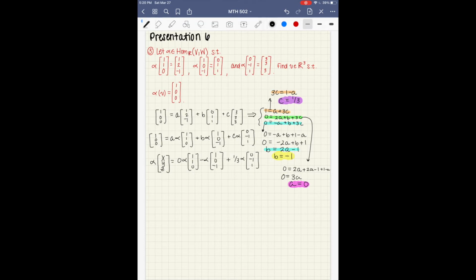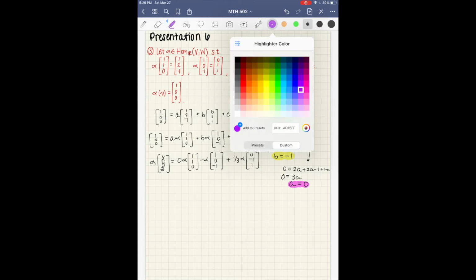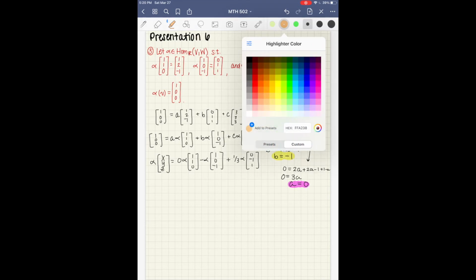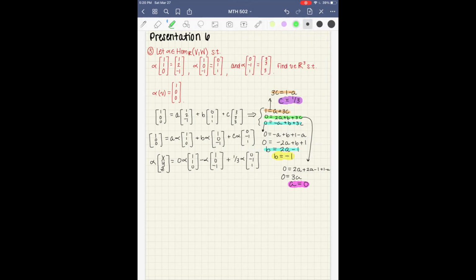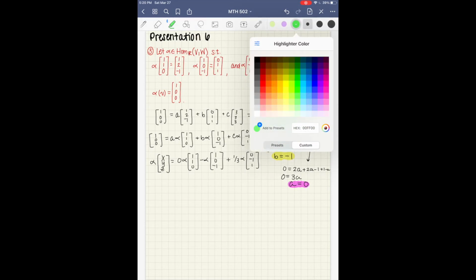So now that I have this, I can set up little equations to figure out what my x, y, and z are. Let's do this color, and this color, sure.